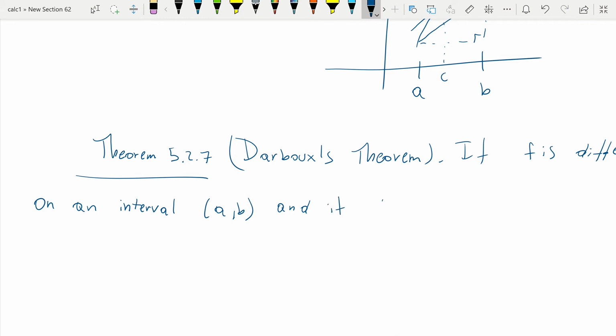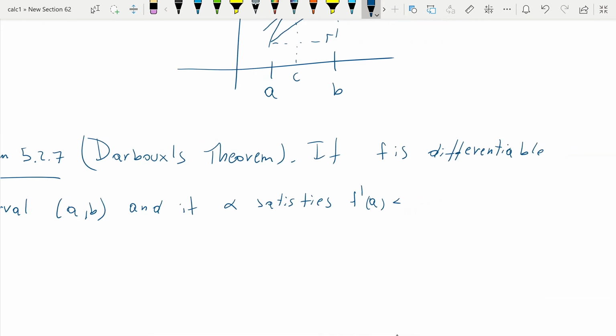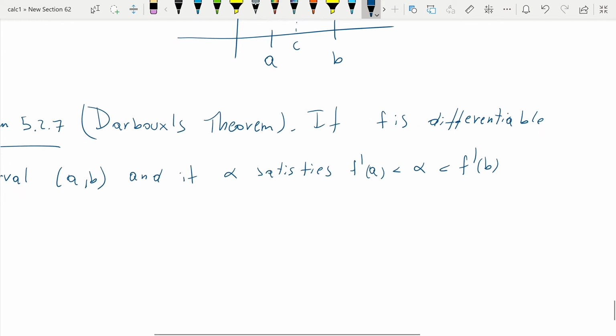Now the assumption is that alpha satisfies f prime of a is less than alpha less than f prime of b, or f prime of b is less than alpha less than f prime of a.